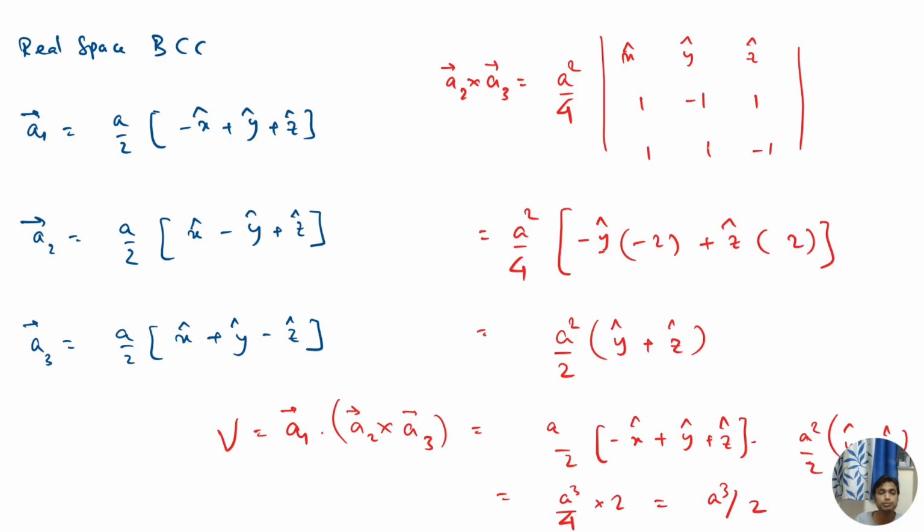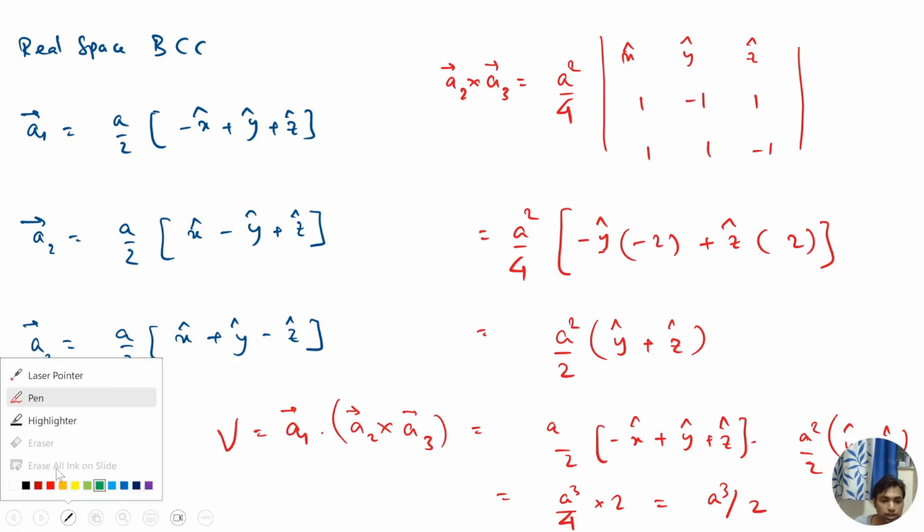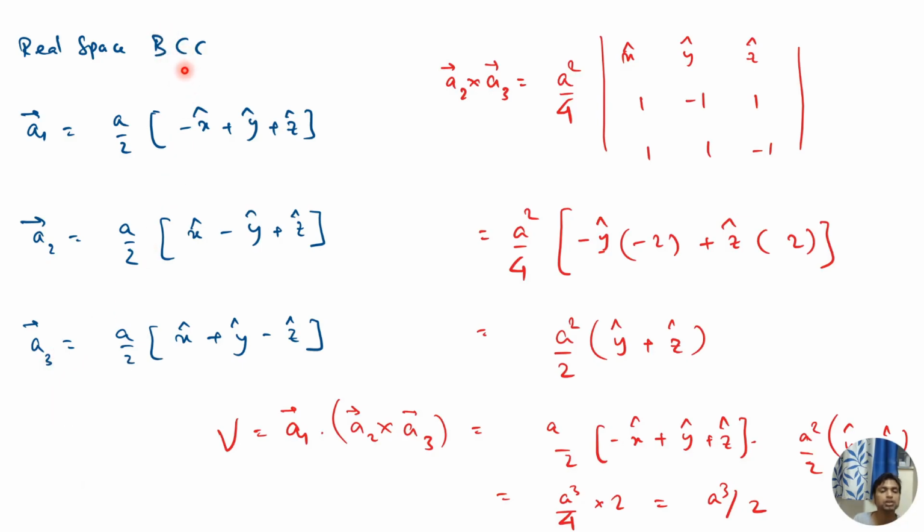Now let us look at what happens for a real space BCC lattice. A real space body centered cubic lattice looks like this. We have discussed why this is minus x cap plus y cap plus z cap.